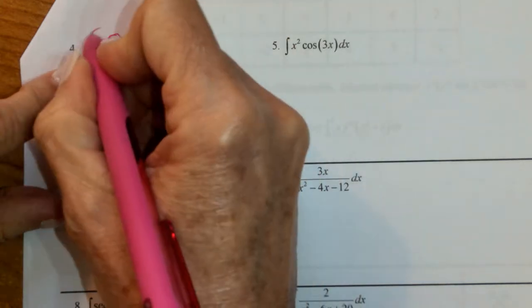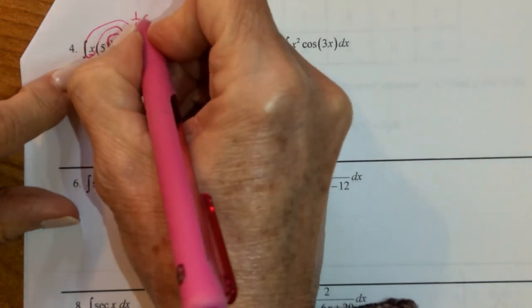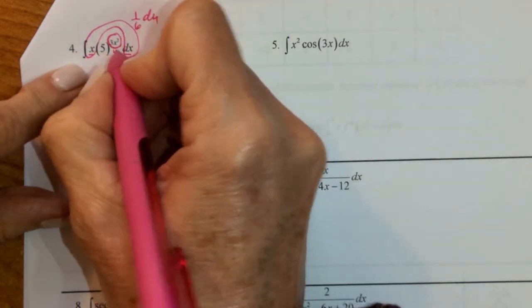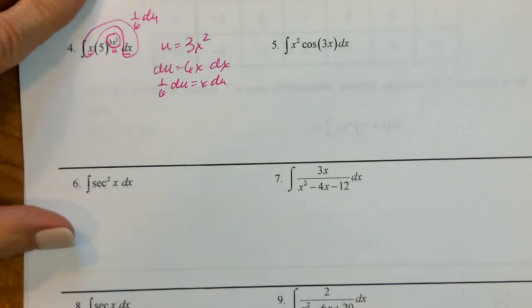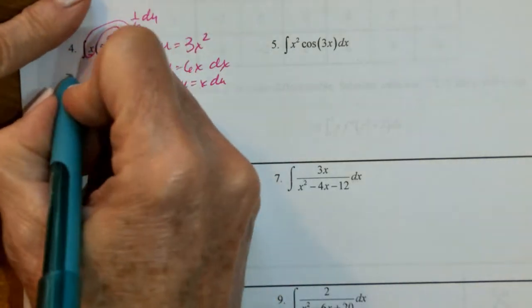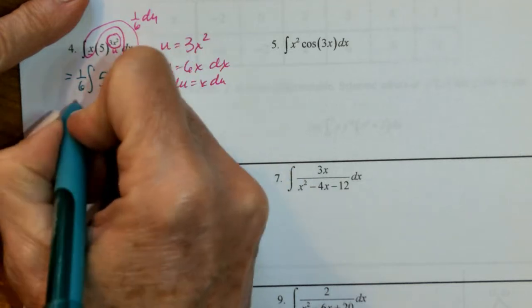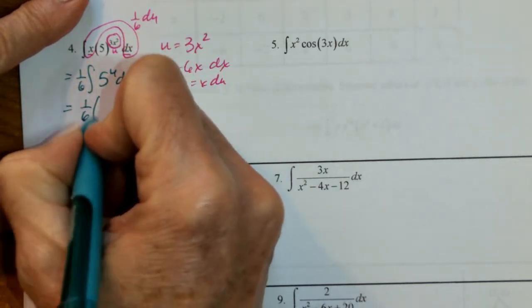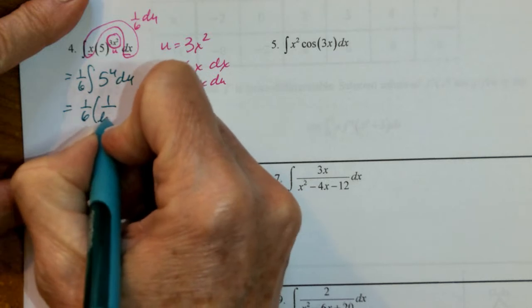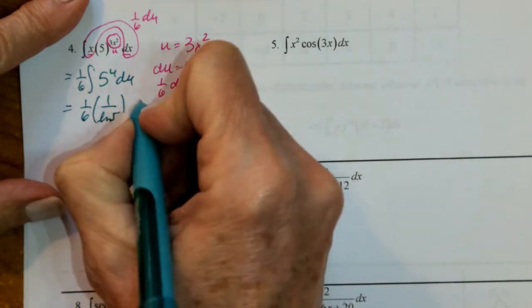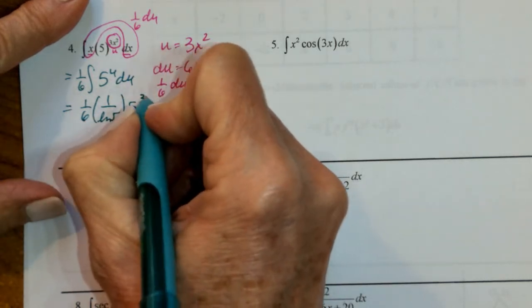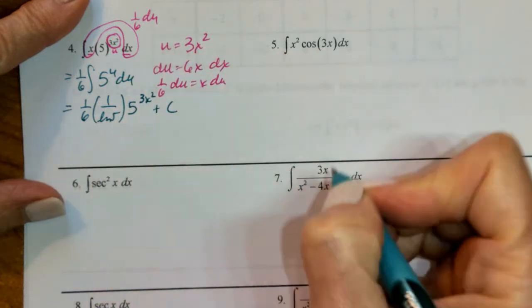So in place of this x dx, I'm putting my 1/6 du, and that exponent now is just a u. So we have 1/6 integral of 5 to the u du, which is 1/6. I need 1 over ln of 5, and then it's just 5 to the u plus c.